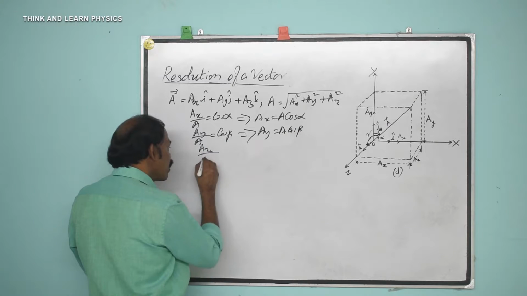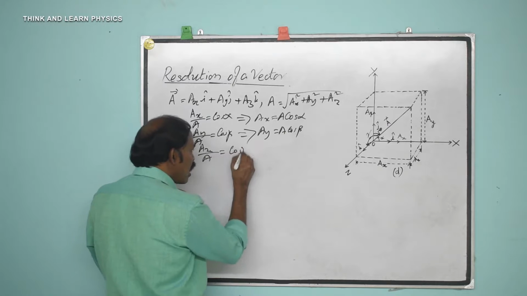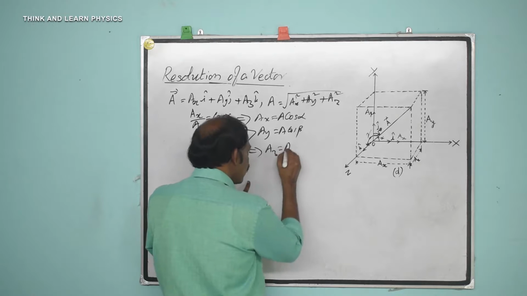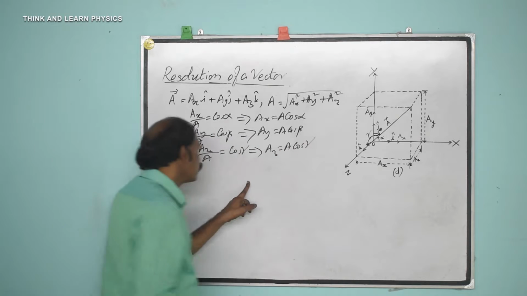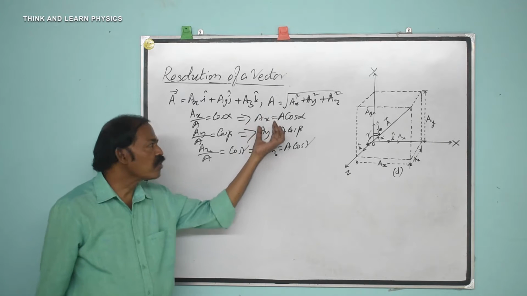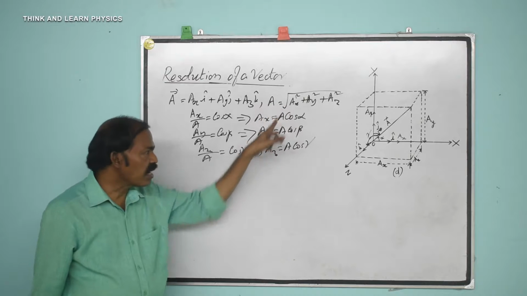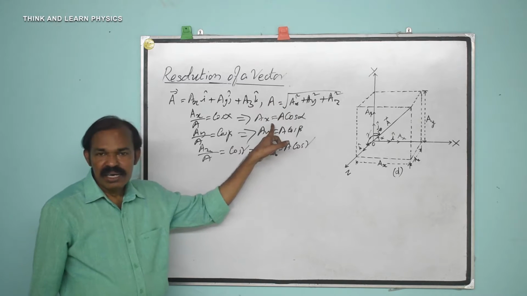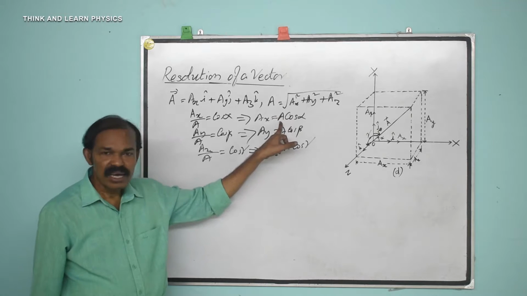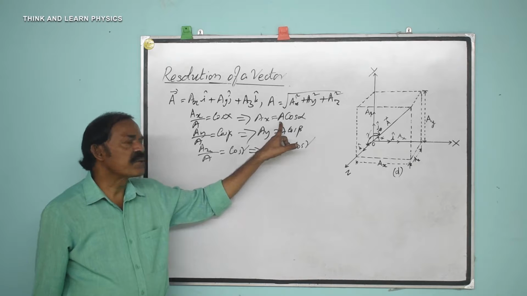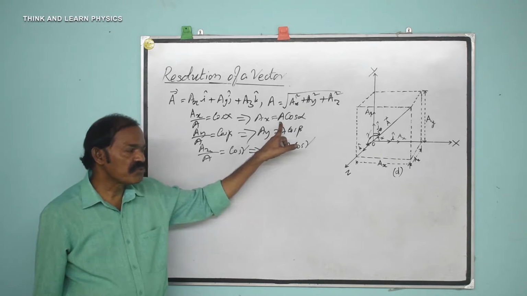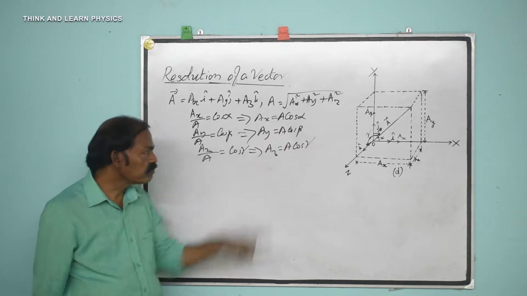Az divided by A is equal to cos gamma. Therefore, az equals A into cos gamma. So these are the components of A along the x, y and z axis in terms of the magnitude of A and the angles made by the vector with the positive directions of x, y and z axis.